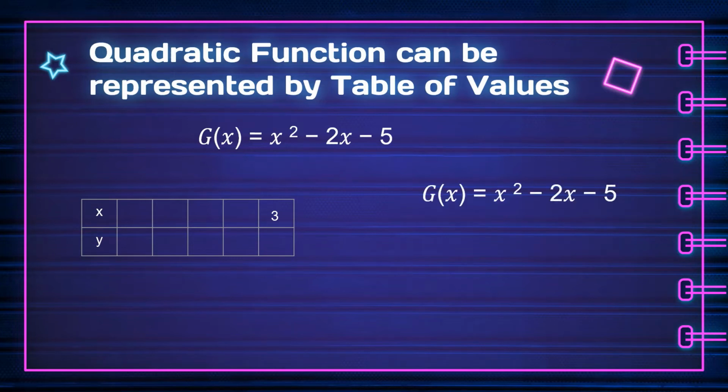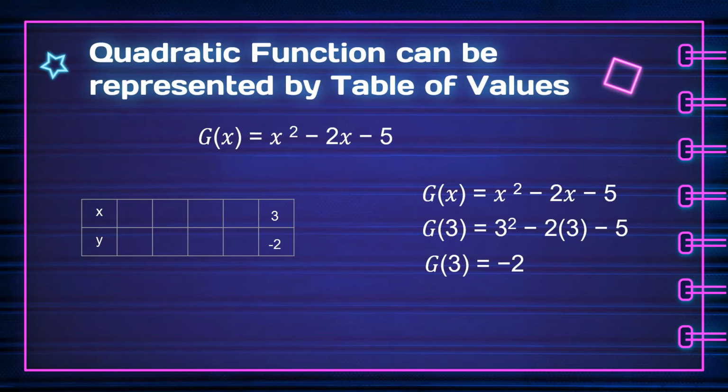g of x equals x squared minus 2x minus 5. So we will just substitute the value of x, which is 3. So that is g of 3 equals 3 squared minus 2 times 3 minus 5. So simplifying it, we have g of x is equal to negative 2. So the value of y is negative 2.